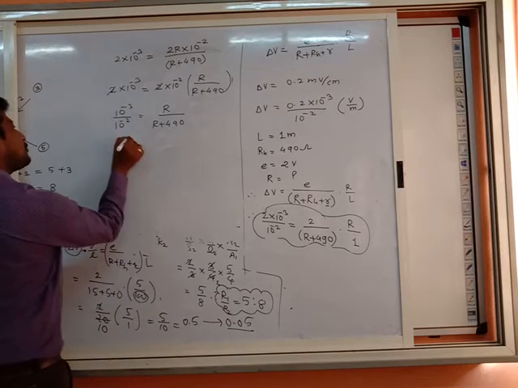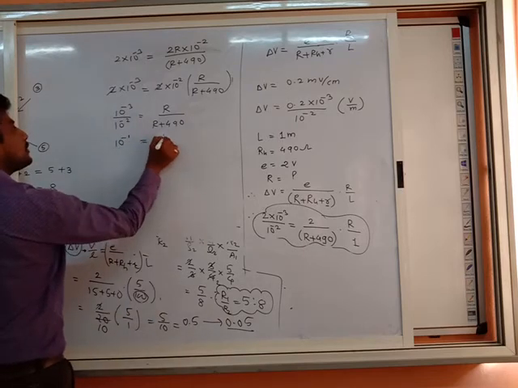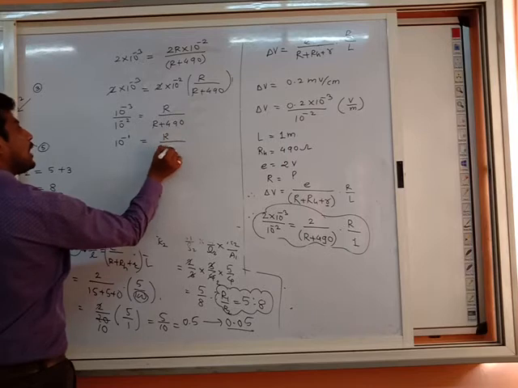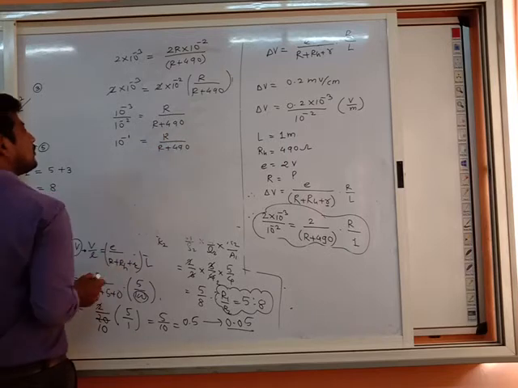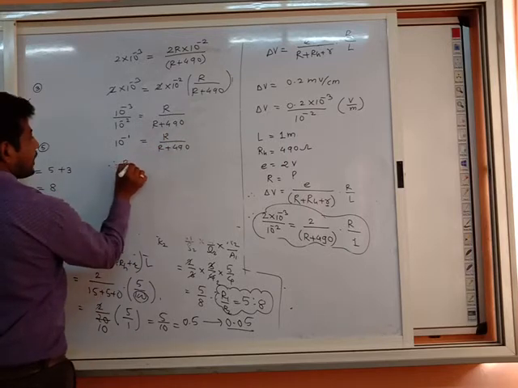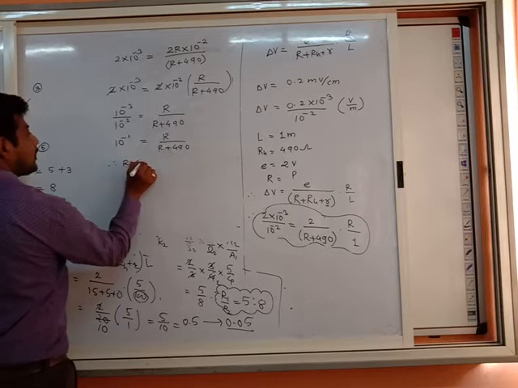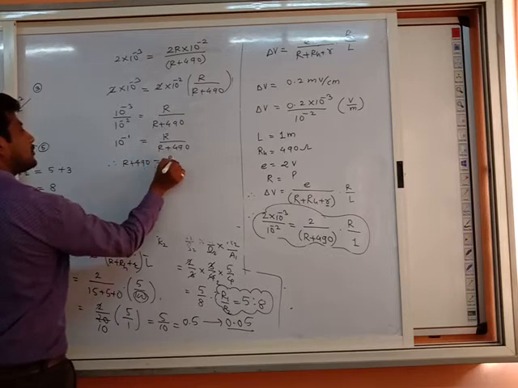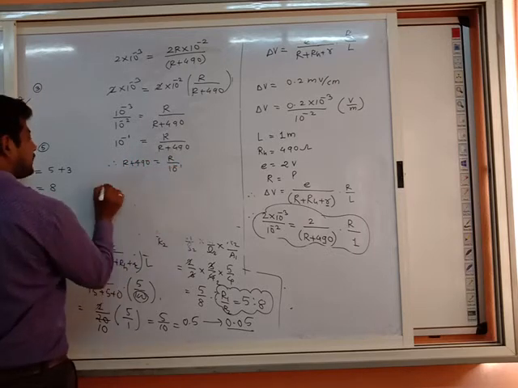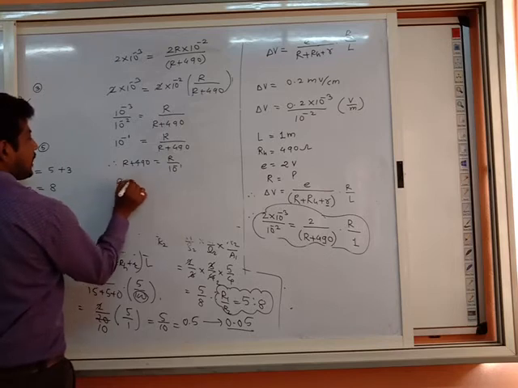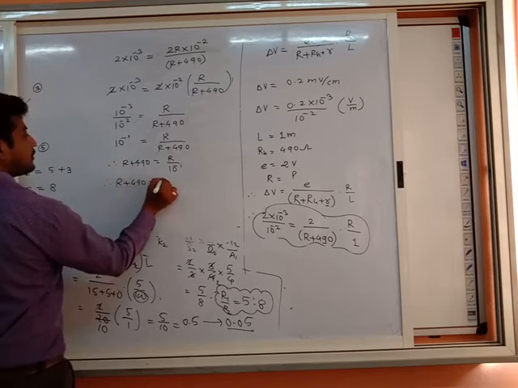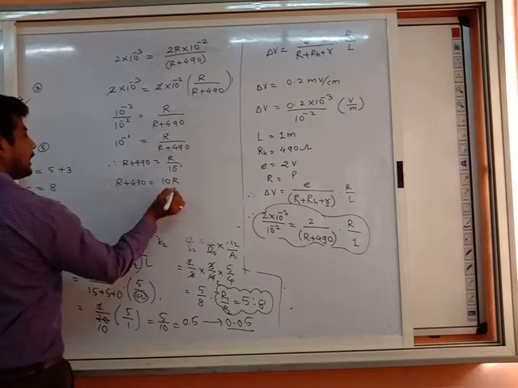So 10 raised to minus 1 is equal to r upon r plus 490. r plus 490 is equal to r upon 10 raised to minus 1. r plus 490 is equal to 10r.